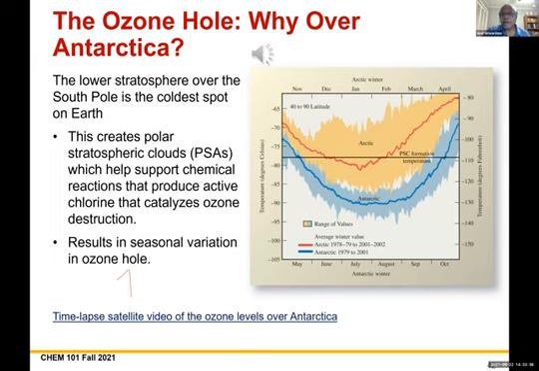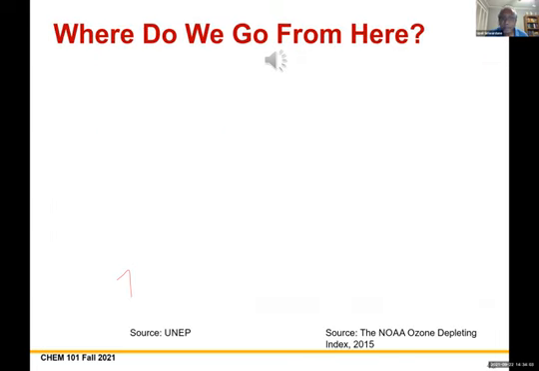There's a dark line here, the PST line, polar stratospheric cloud line. Below this temperature, more clouds are produced. So the Arctic region doesn't have that much of a problem, but the Antarctic region has.